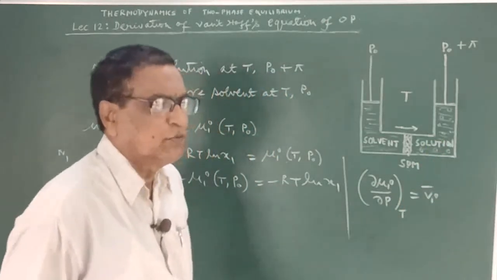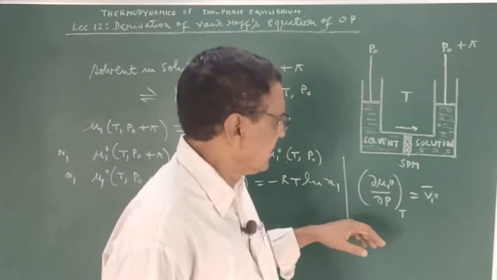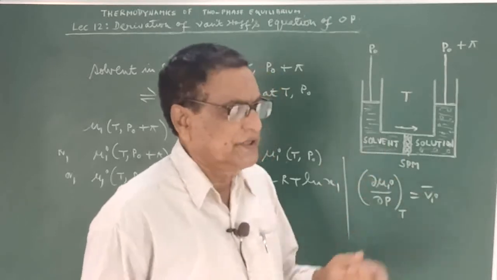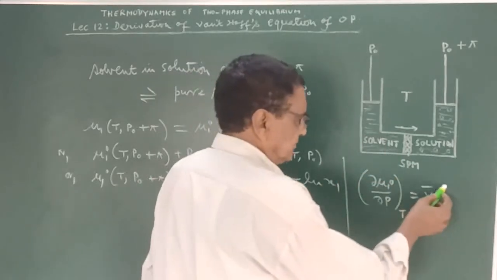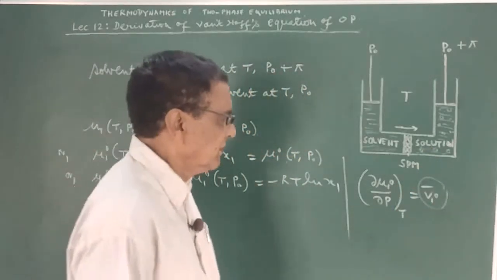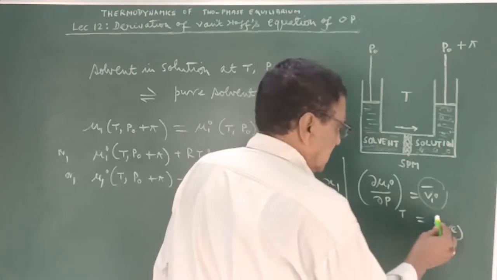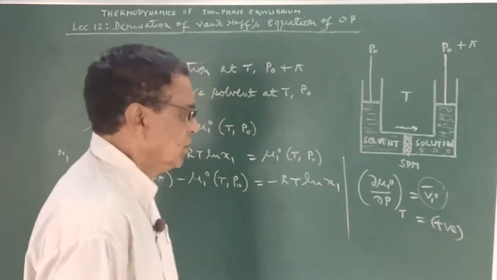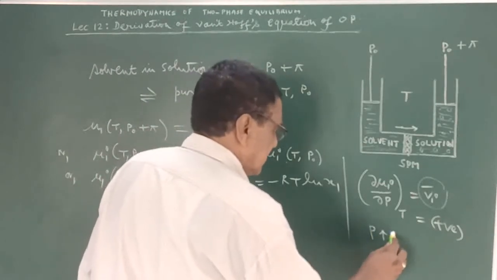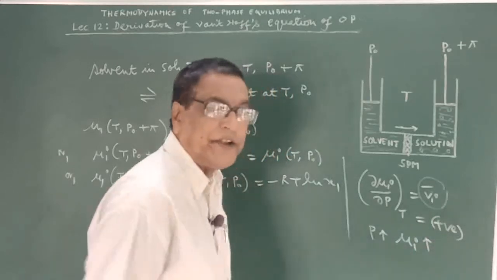This is the thermodynamic relation or expression of del mu by del P at constant temperature, and this is the molar volume of the pure solvent, and this is always positive. So you can see here, if we increase the pressure, then the chemical potential of the pure solvent will also increase.